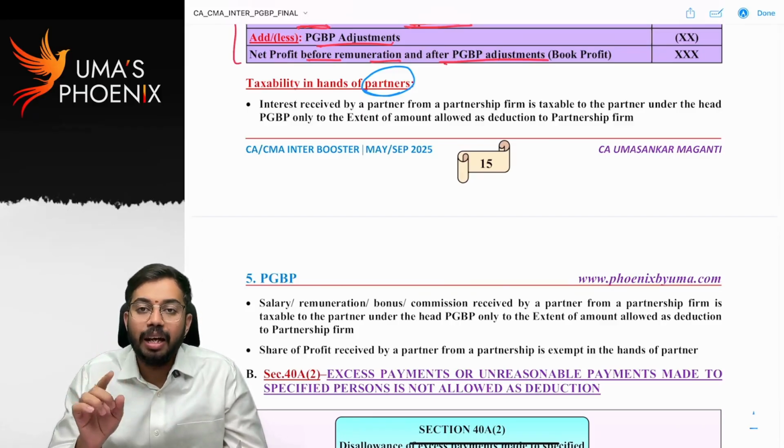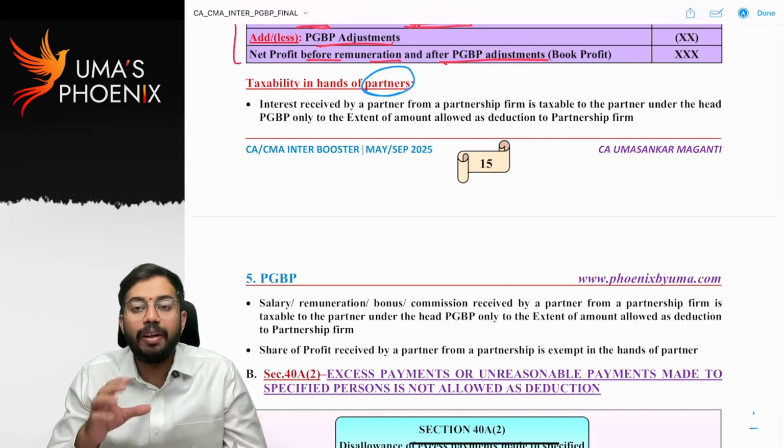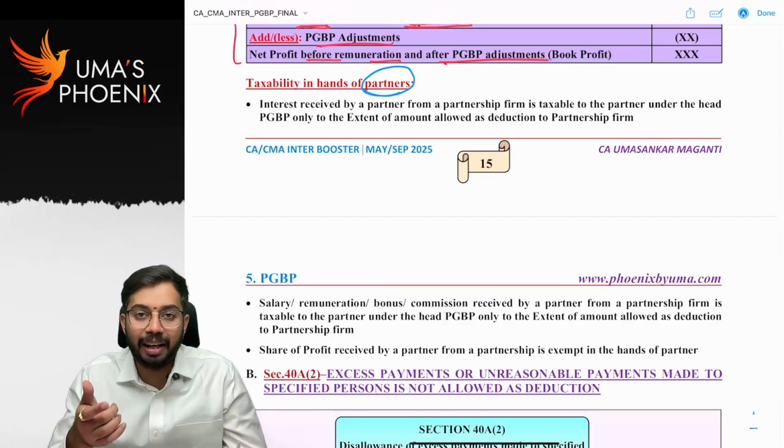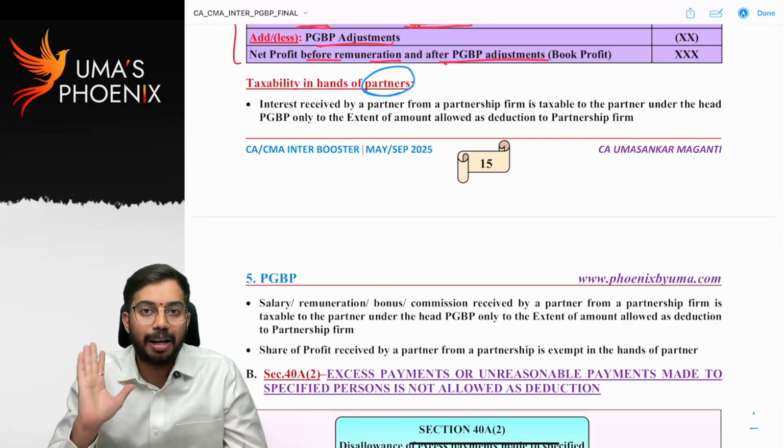The reason is, in between partnership firm and partner, there is no employer-employee relationship. That's why whatever the remuneration that is received, even though it is named as salary, it is not taxable to the partner under the head salary, but it is taxable under the head PGBP.